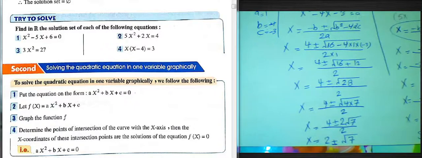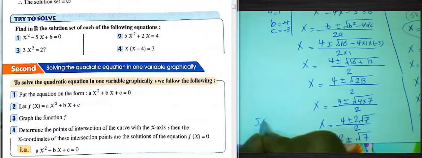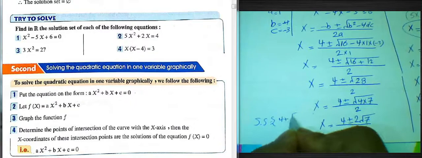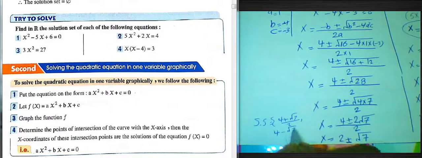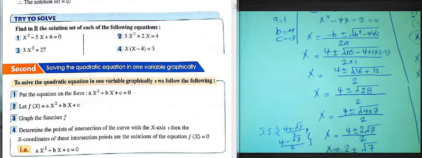So the solution set will be 4 plus square root of 7 and 4 minus square root of 7, over 2. It's okay.